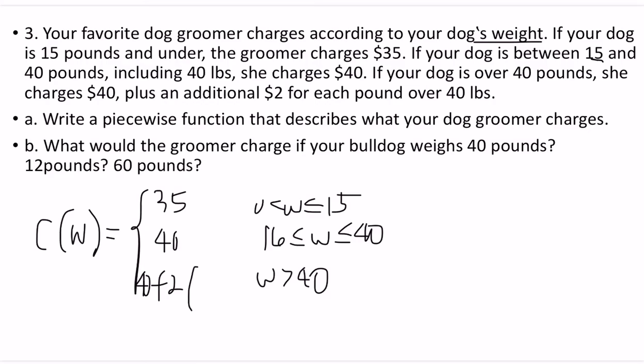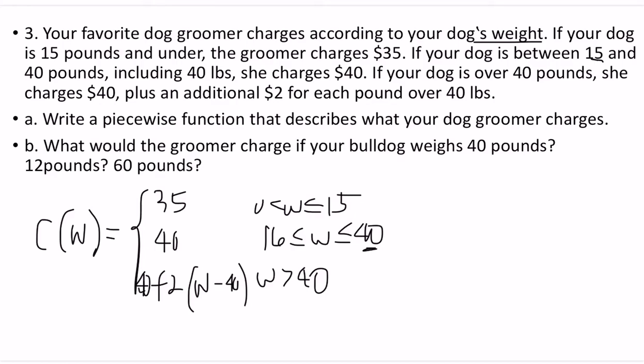So what is our excess? When we have an excess, we subtract from the previous subfunction. So W minus 40 will be your excess for the 40 pounds. So this will be our function.